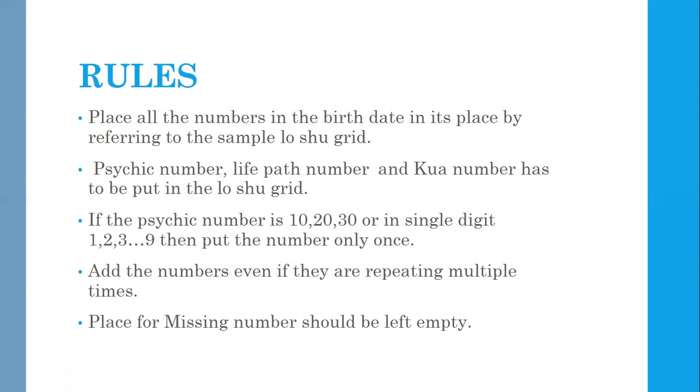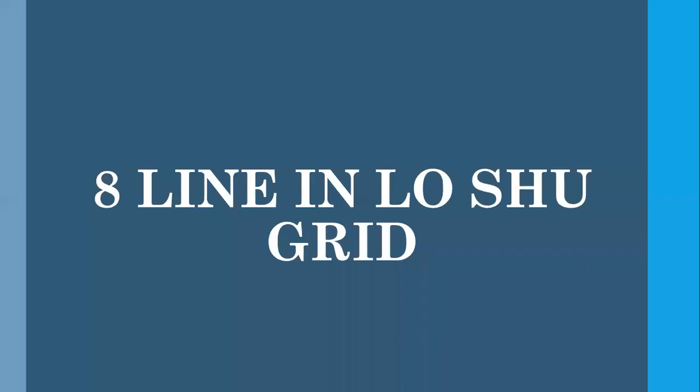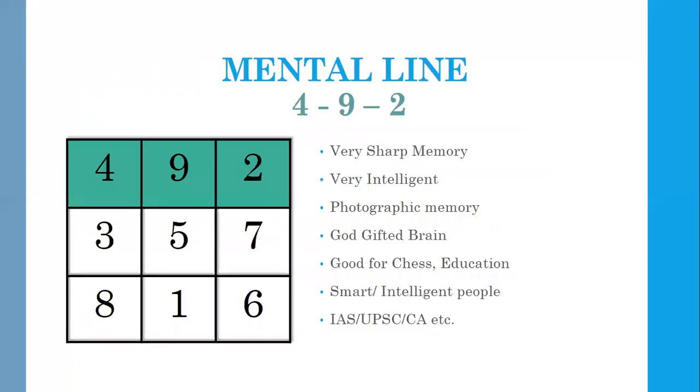So these are the rules we have to keep in mind. Now we'll see how to read this Loshu grid. There are 8 lines in the Loshu grid. The first line is called the mental line, 492.